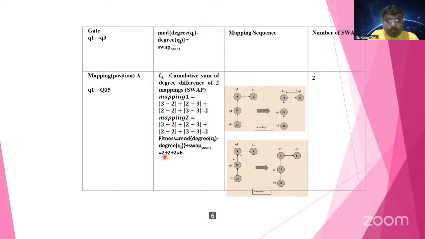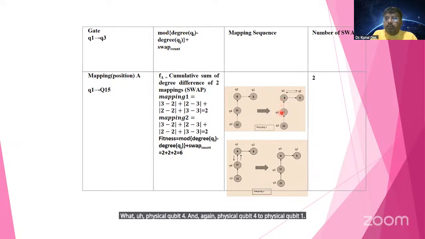Okay. So this amount of movement required is 6. Total is 6 because the fitness or degree count is 4 plus 2 swaps you require. So one swap is required for Q0 to Q1 to move to position 4, that is physical qubit 4, and again physical qubit 4 to physical qubit 1 you move.